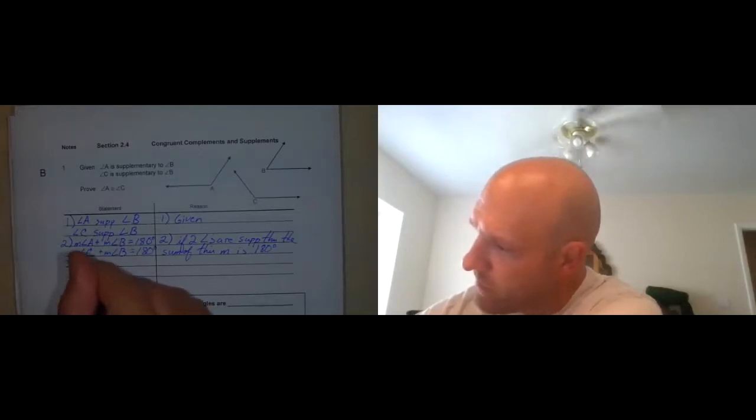And with a little bit more algebra, I could show, if I added the measure of angle C to both sides, that the measure of angle A equals the measure of angle C. You shouldn't say a measure is congruent to a measure. The two measures are equal. Step ahead of myself there.